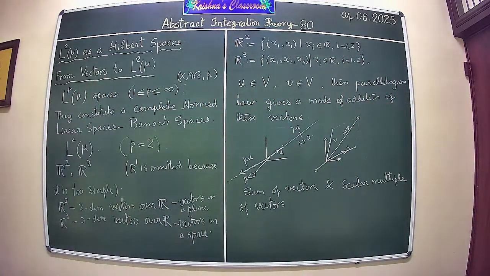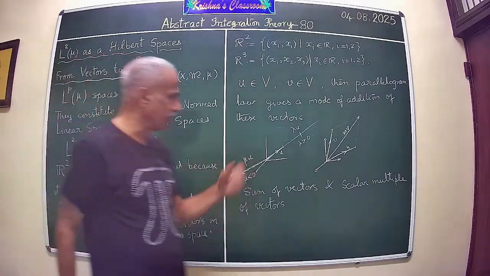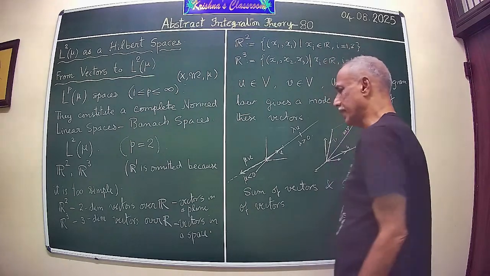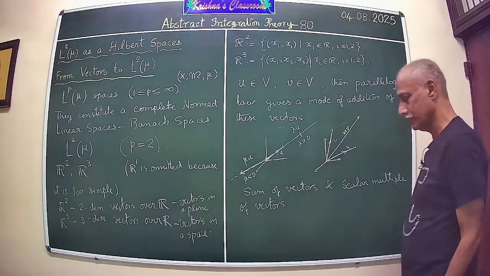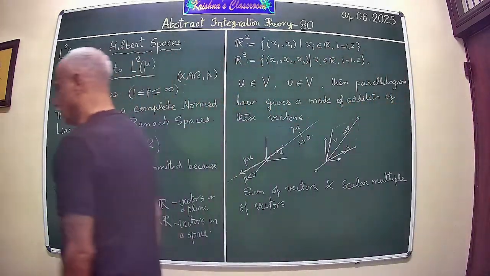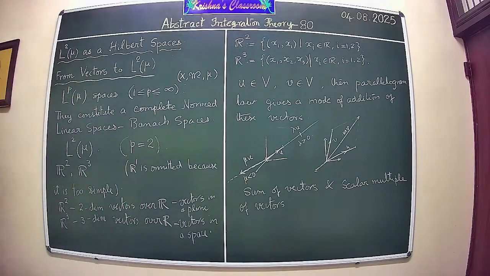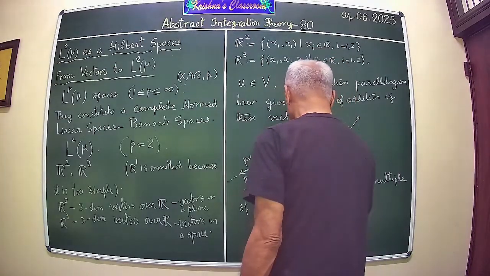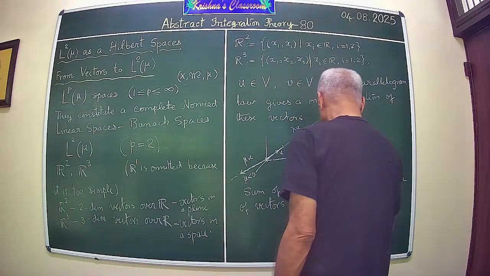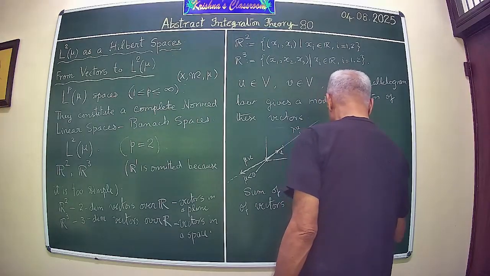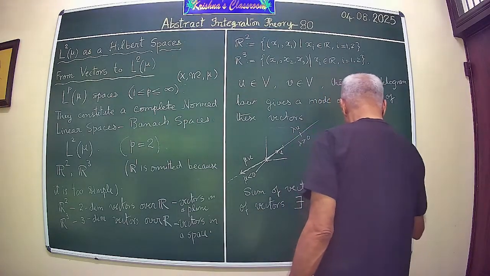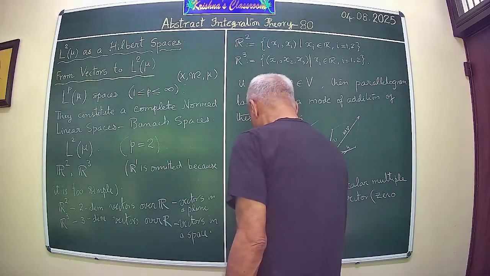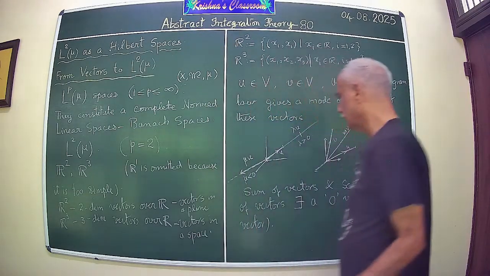Scalar multiple of a vector is again a vector. And you have the zero vector, which is obtained by annihilating any vector by multiplying it by 0. So there exists a zero vector.